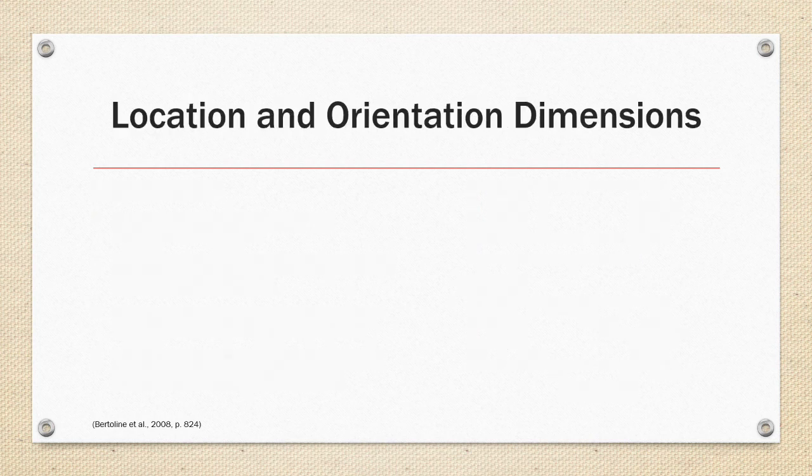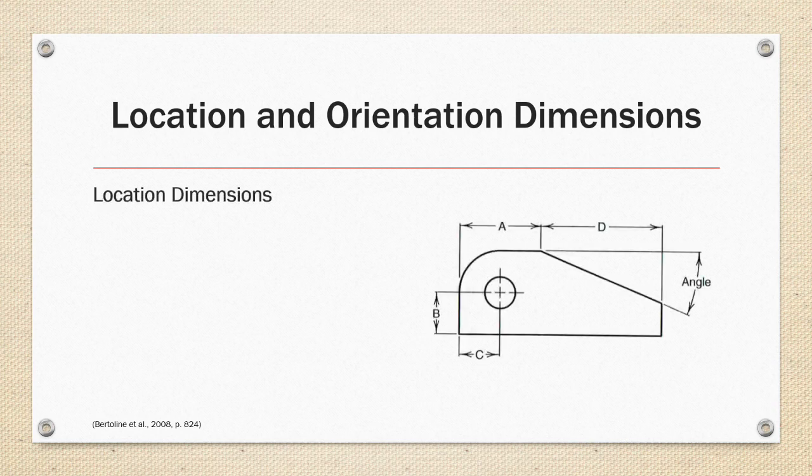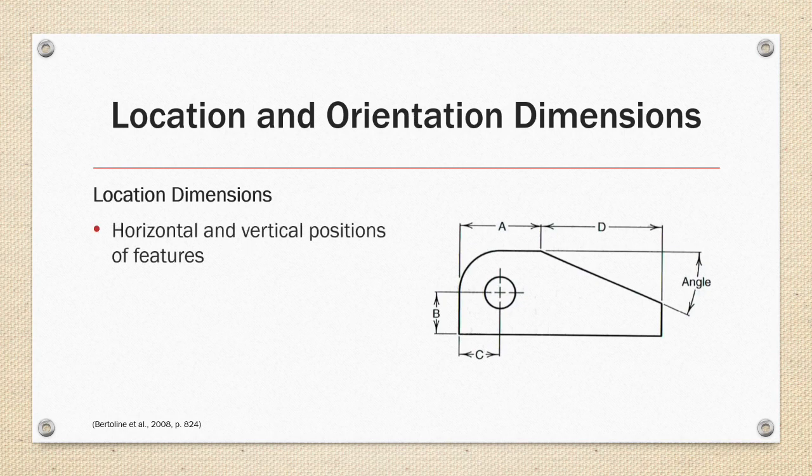Location and orientation dimensions. Location dimensions are primarily concerned with horizontal and vertical position of features in relation to the dimension references.